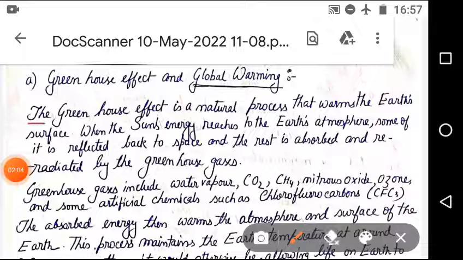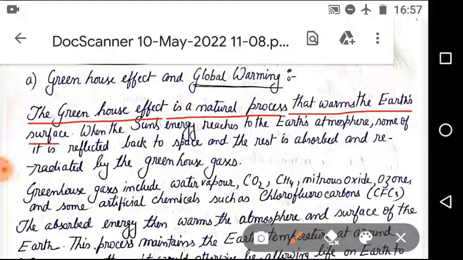So greenhouse effect is actually a natural process that warms the earth surface. It is the main process which makes the earth warmer.